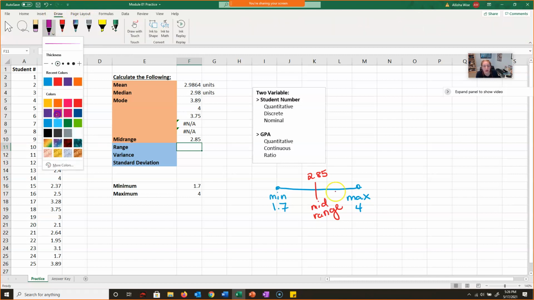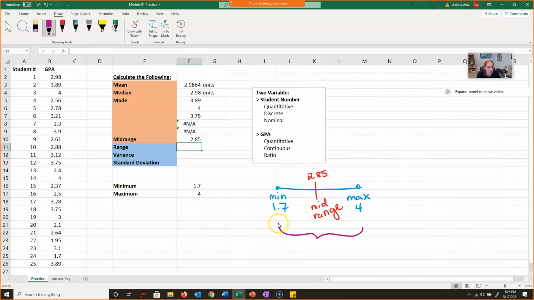So finding the difference, 4 minus 1.7, is going to get you the range. Basically the distance between the lowest value and the highest. In Excel, what you would do is just type equals, grab the maximum value, and subtract the minimum. And hit enter. So there's a range of about 2.3 between max and min.